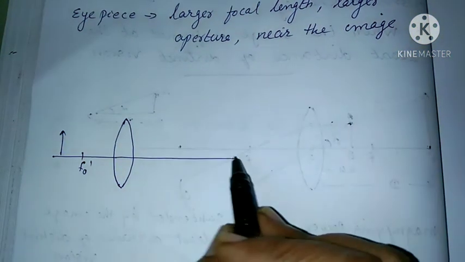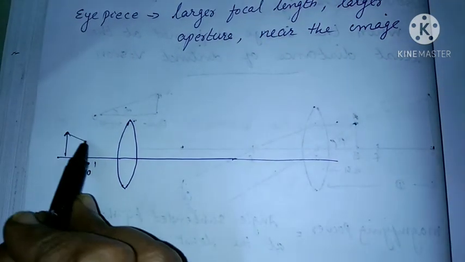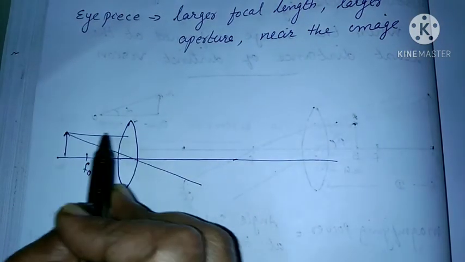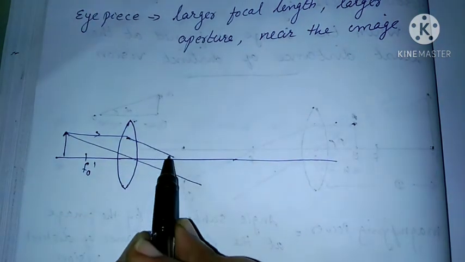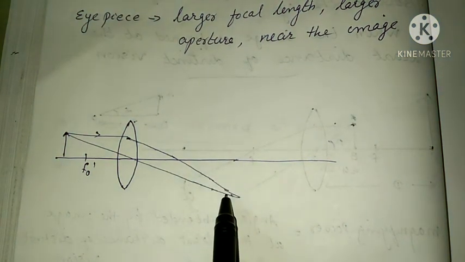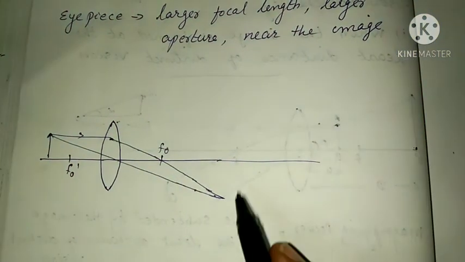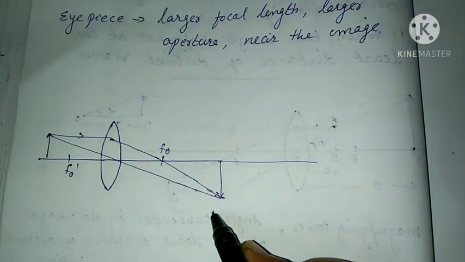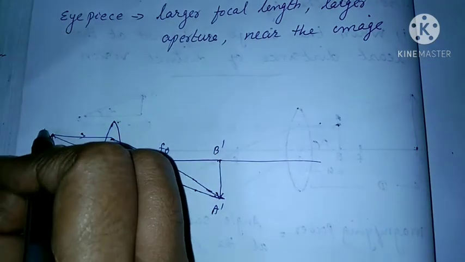And then, like in the first case, a ray of light passes through the optic center. Then another ray passes parallel to the principal axis, and after refraction passes through the focus of the objective. These two rays meet here, where we get the image A dash B dash. The object is AB. Clear?